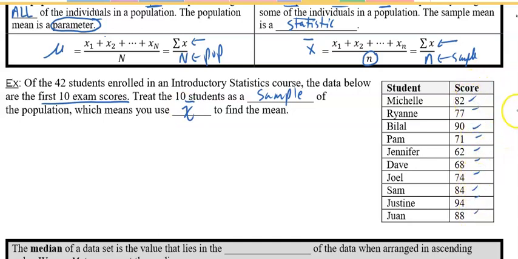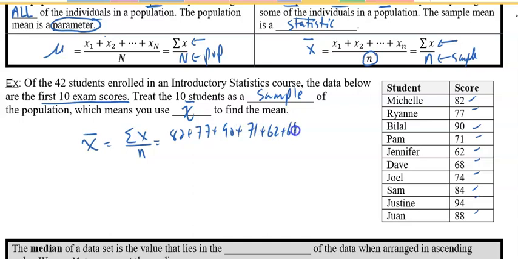So we're going to do this on a calculator. We take x bar, we say that's the sum of all the scores. In this case there's 10 of them, and that would be 82 plus 77 plus 90 plus 71 plus 62, 68, 74, 84, 94, 88, and divided by 10.